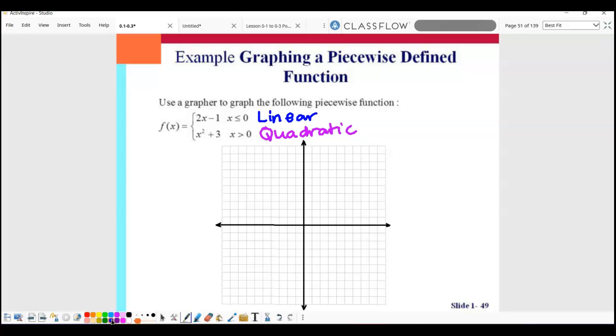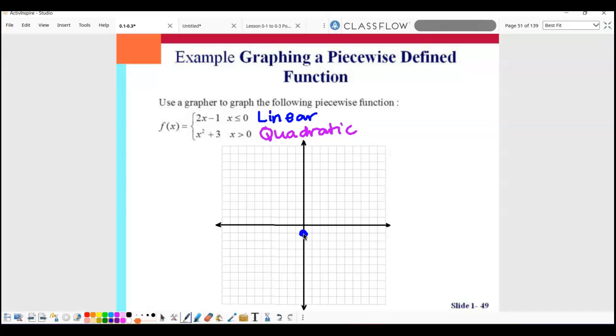So it's 2x minus 1. So what's really nice is since the breaking point is at 0, I can plot my y-intercept. So my y-intercept is negative 1. This is equal to 0, therefore it's a closed point. So I have a closed point at negative 1. And now I just apply my slope backwards.